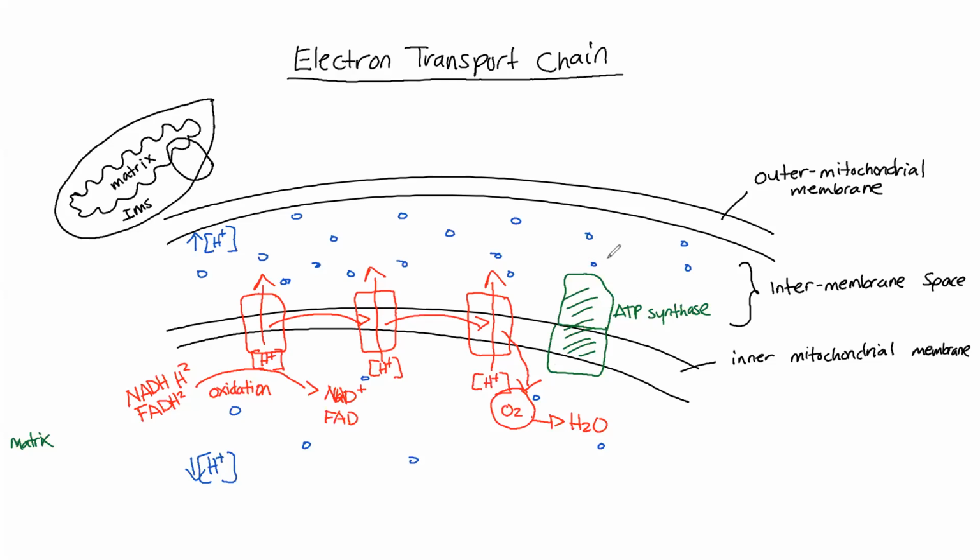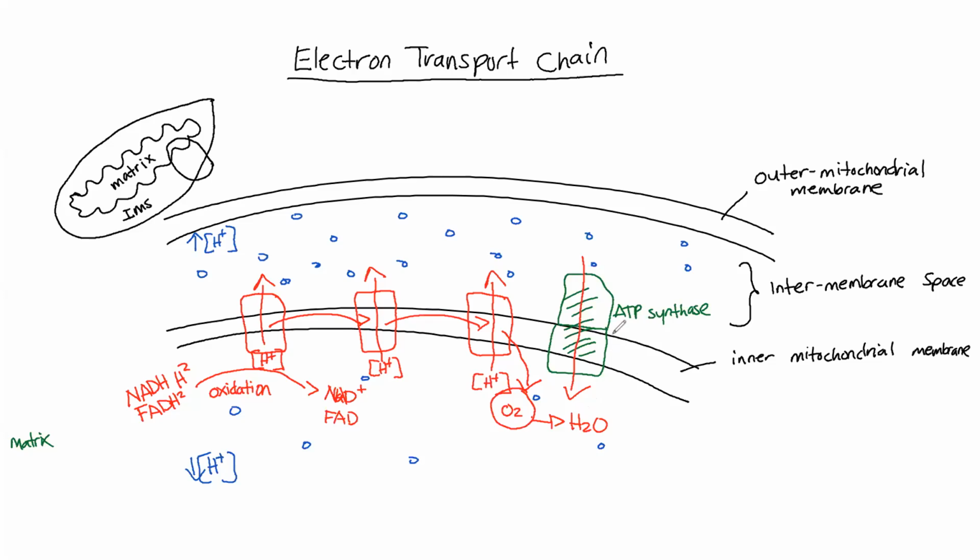So now we have a gradient here. The high presence of hydrogen ions now can move right through ATP synthase, and this is what allows for the energy that actually phosphorylates ADP and makes ATP, okay? So I'm going to draw that here.